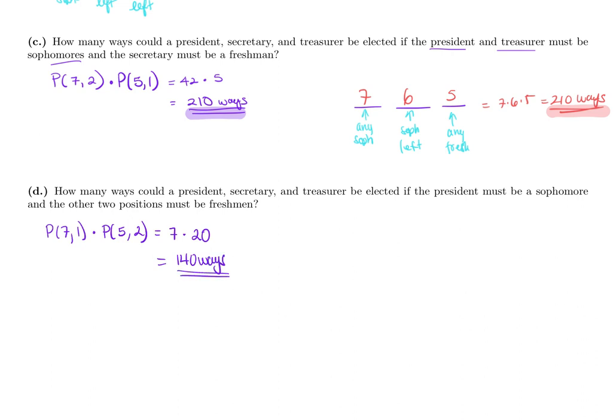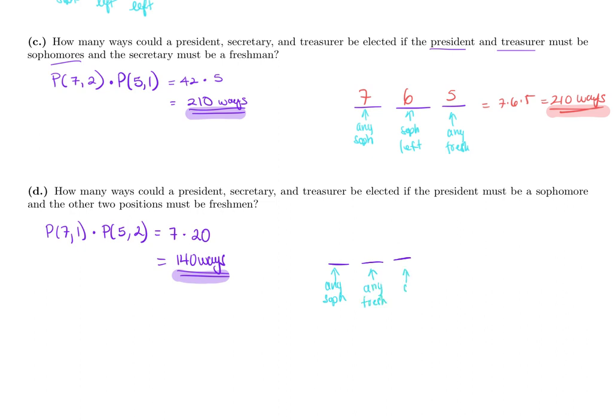So how does this compare to doing it the brute force way? Let's think about our different positions. For the first one, it has to be any sophomore. And then the second one would be any freshman.